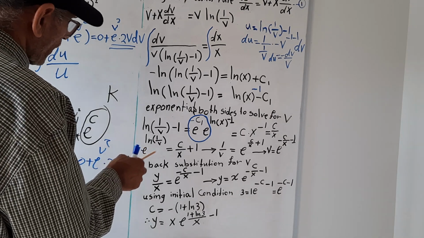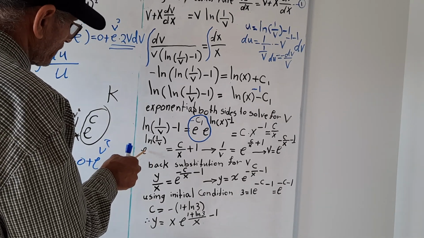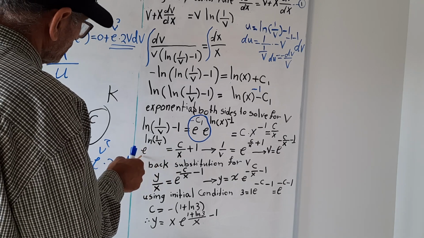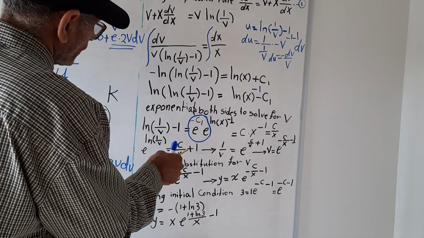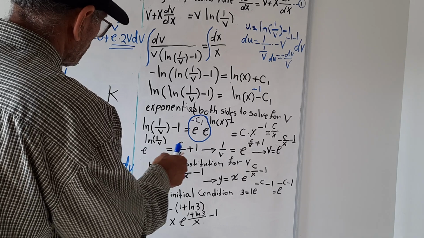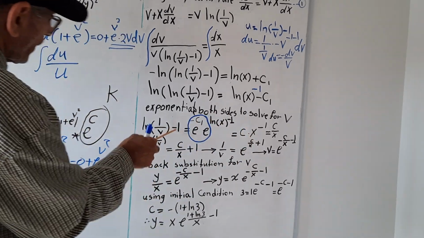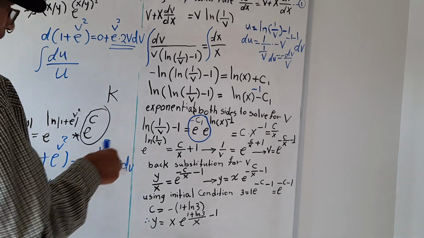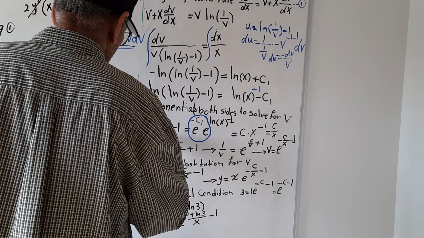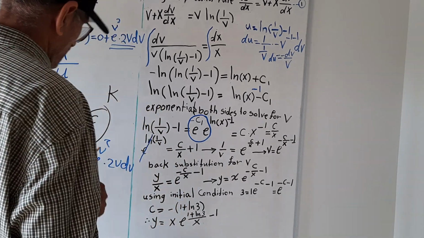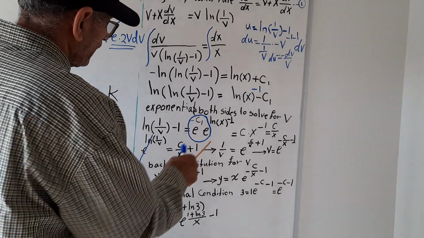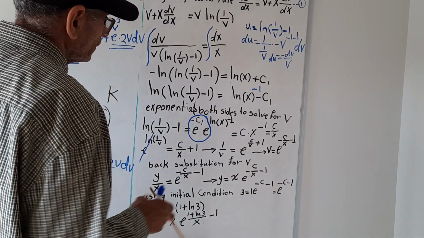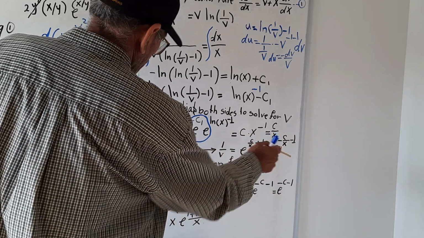Again, we take both sides and raise both sides to the base e, and we got this equation. We moved the minus 1 to the other side, and we will have 1 over v equals e to the c over x plus 1. v equals this formula.